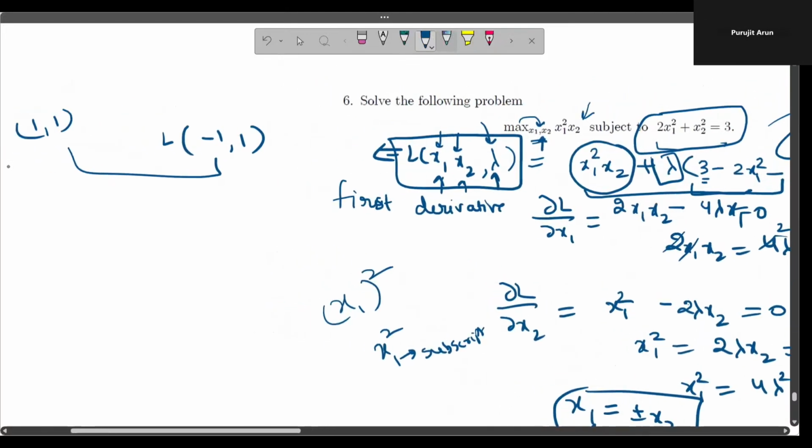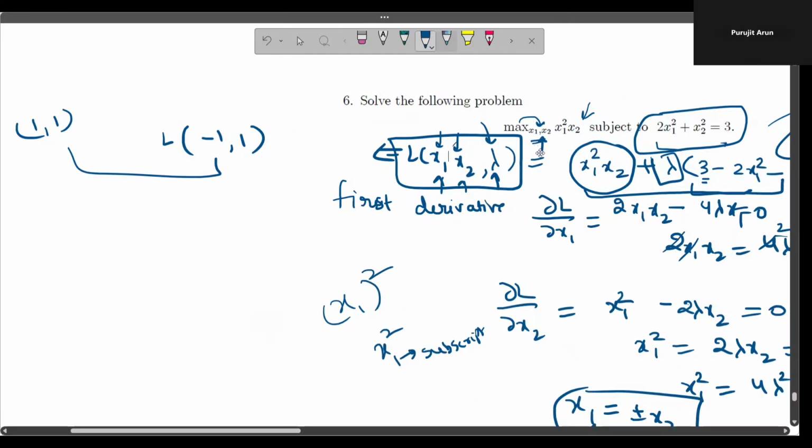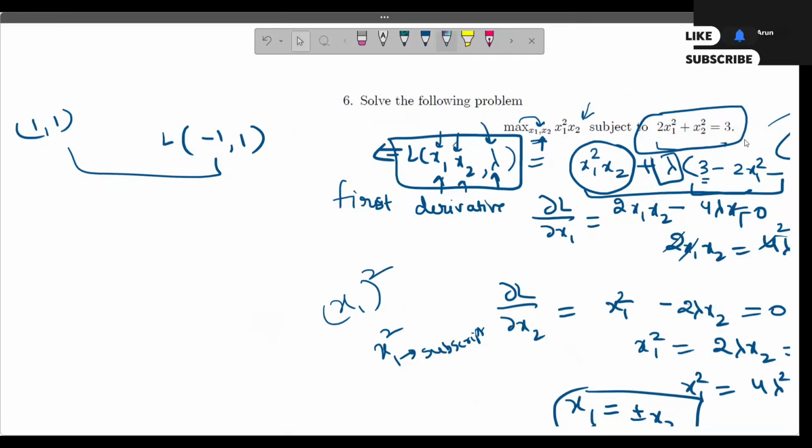But sometimes it may affect if linear powers are there. The function's value will be different when you substitute here because of lambda. It is the function's value when I am combining the function with the constraint 2x1 squared plus x2 equals. Clear?